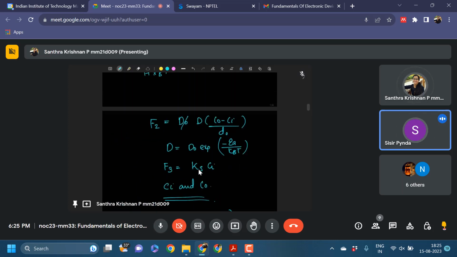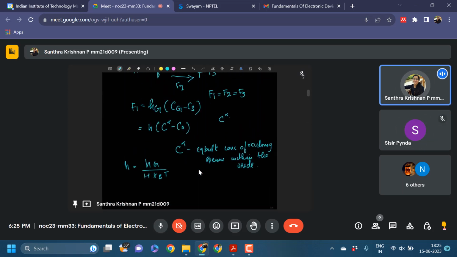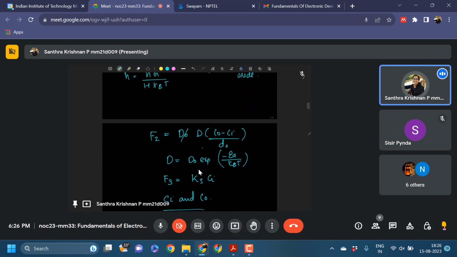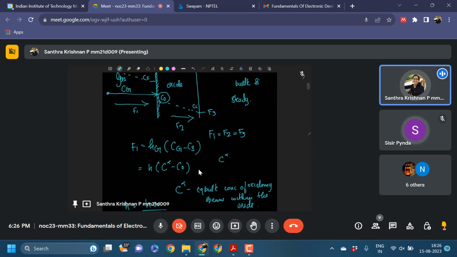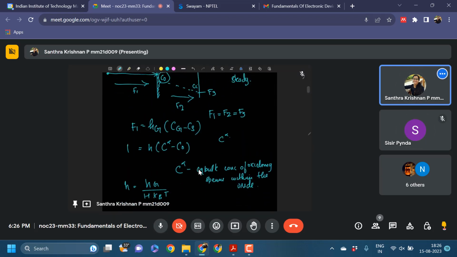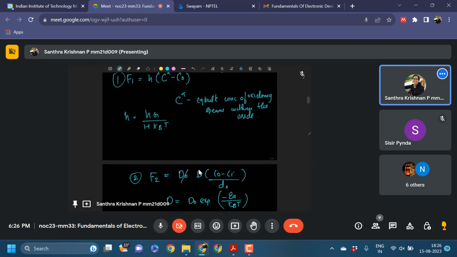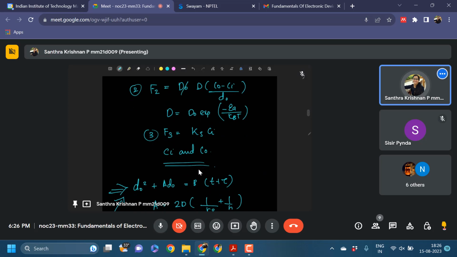F1 is basically based on Henry's law. F2 is diffusion governed. And the third one is reaction governed. Is that clear?